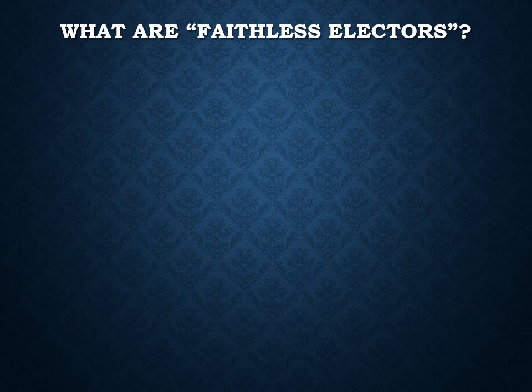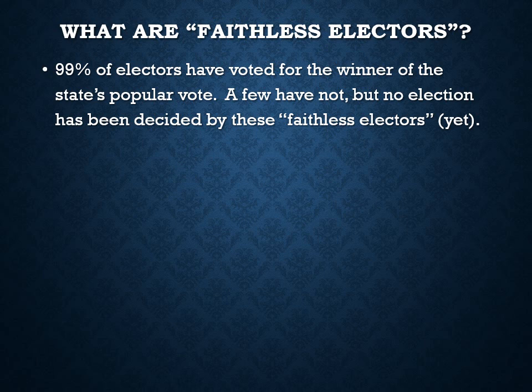Now, just to muddy the waters even more, there is such a thing as faithless electors. 99% of electors in our history have voted for the winner of the state's popular vote, but a few of them have not. Now, no election has been decided by these faithless electors yet, but it's kind of a ticking time bomb in a sense.